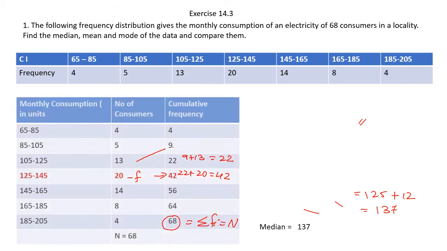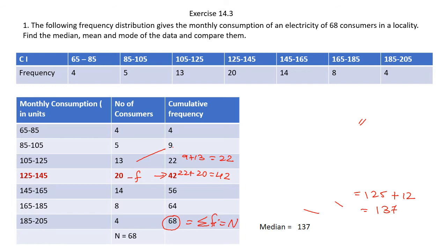To find the median, first you have to find the CF, that is less than type, less than the upper limit. How many consumers are consuming electricity less than 85 units? They are 4. Less than 105, that is 4 plus 5, that is 9. Less than 125, that is 9 plus 13, which is 22.